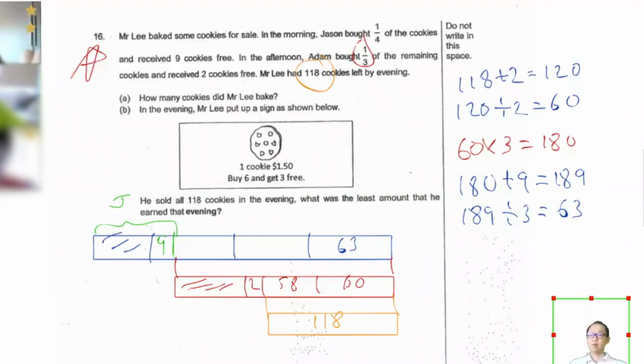Now the question is, how many did Mr. Lee bake? Mr. Lee had 1, 2, 3, 4 of those. So 63 times 4 equals 252. That is the answer. Questions for this? Drop down 2 times, a bit tough, but it's still a drop down remainder.